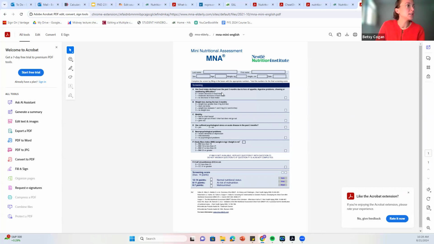If we look at the elements that are included in this assessment, we're asking the patient, has food intake declined over the past 3 months? Is there loss of appetite? Do you have digestive problems? Are there chewing and swallowing difficulties?